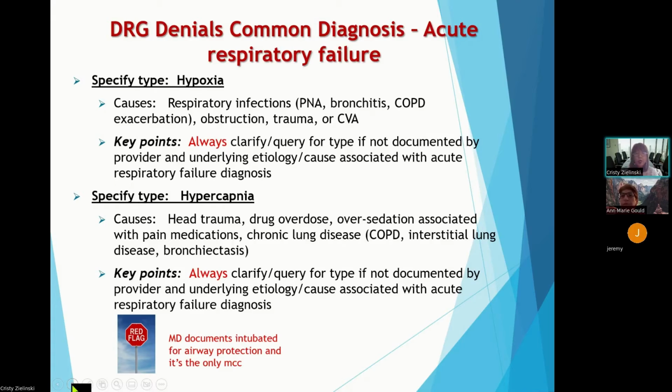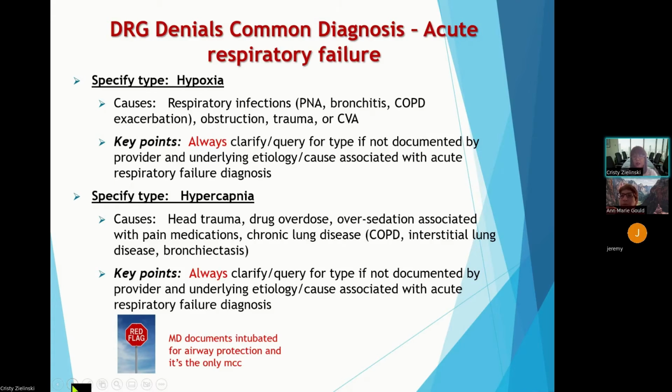Because sometimes the doctor will document acute hypoxic respiratory failure, and then put on the lungs, no respiratory distress. So the patient is having a failure but not in distress, so you just need to really dig into the chart and see what more information you could note that the patient is having really acute respiratory failure.